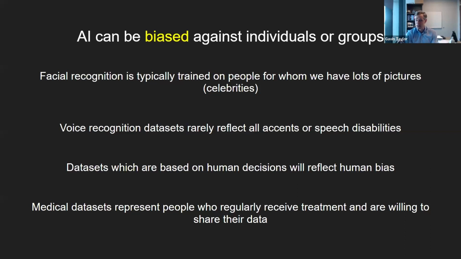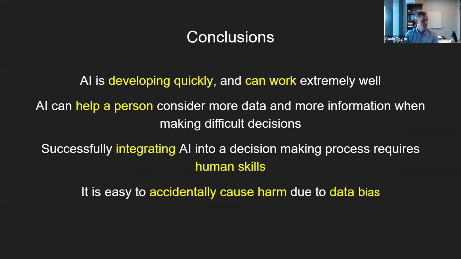So for example, it would be a very bad idea to build a system that automatically predicts whether somebody should be given a mortgage or not, because that data tends to be racially biased in terms of past decisions by humans. And lastly, medical data sets tend to represent the people who are able and willing to frequently receive treatment, and they're willing to share their data. And again, that data set is not necessarily representative of the people who most need the assistance of the tool.